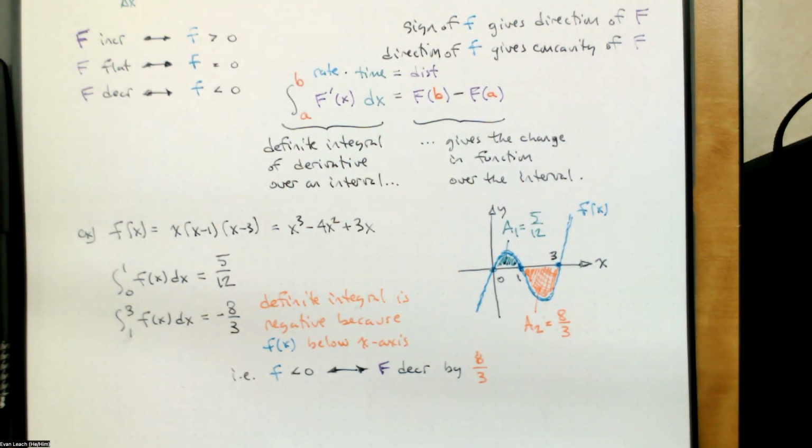This is the connection between the area stuff that we're doing now and the sign, direction, concavity stuff that we did before. The derivative is negative, so the function is decreasing. The area tells you by how much the function decreased.